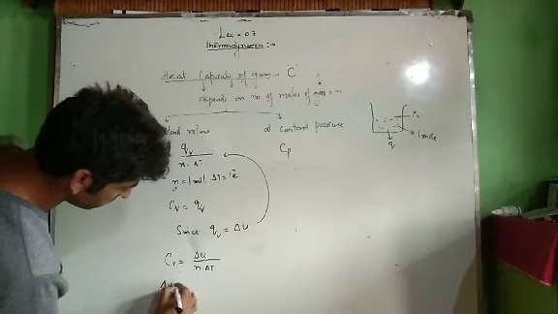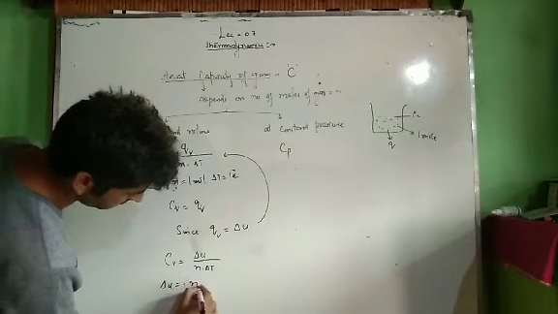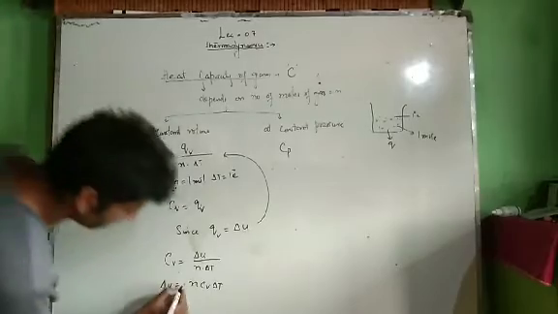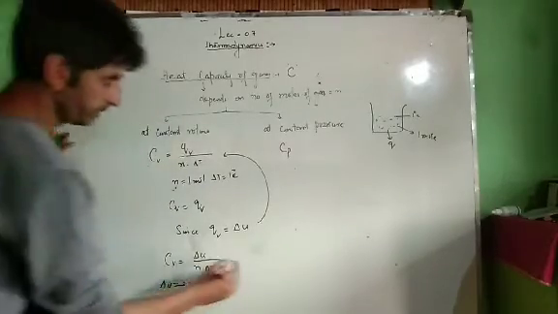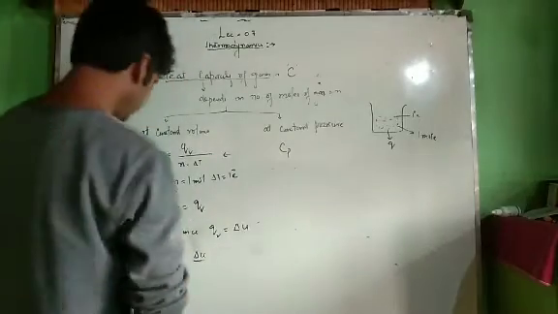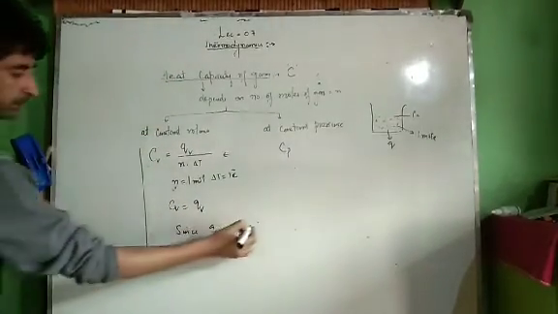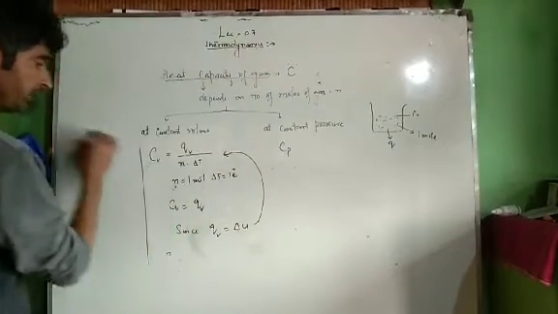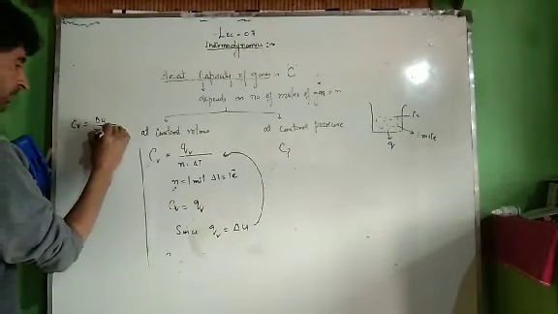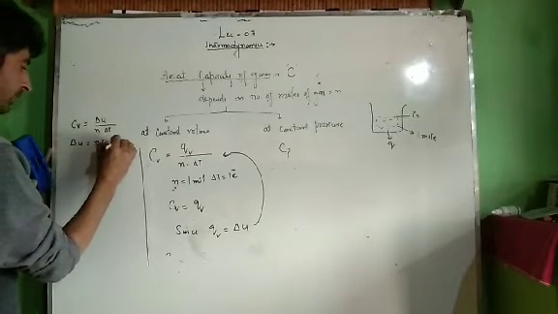Del U comes out to be equal to n CV del T. I'll write it over here, it may not be visible over there. Now see, substituting this value of QV over here, I get CV is equal to del U divided by n del T, or del U is equal to n CV del T.